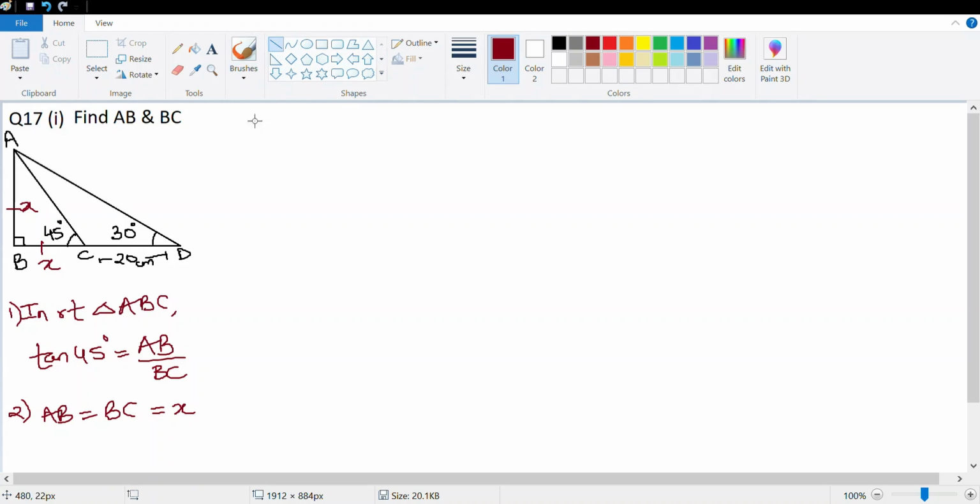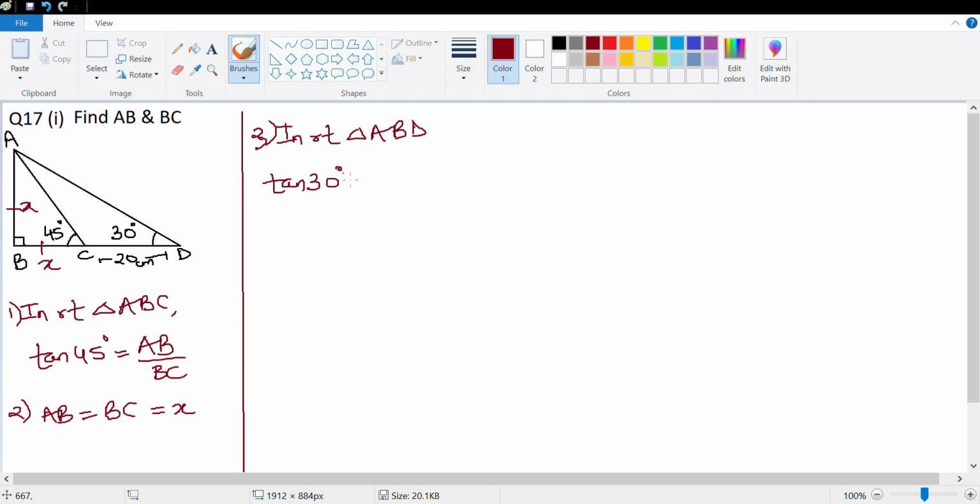Next, let's apply trigonometrical ratio in the bigger right triangle. So that's point number 3, in right triangle ABD. So I have tan 30 degree is equal to AB upon BD. Tan 30 degree is equal to 1 upon root 3. AB is X and BD is BC plus CD, which means X plus 20.